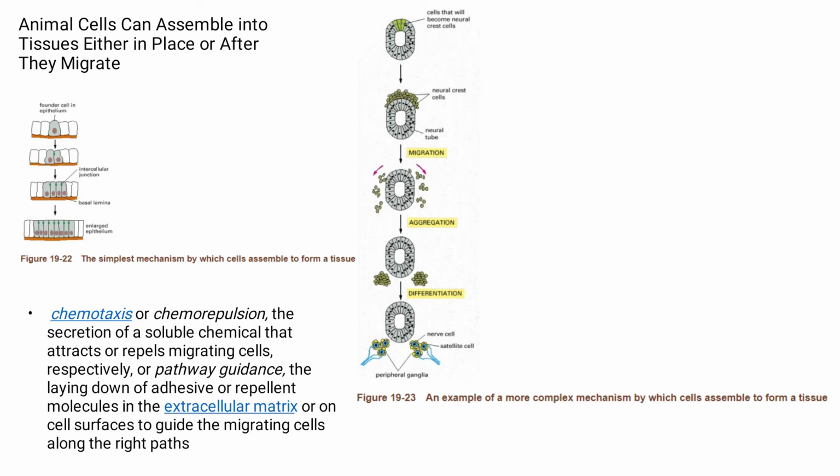Cell motility and cell adhesion combine to bring about these kinds of morphogenetic events. The process requires some mechanism for directing the cells to their final destination.